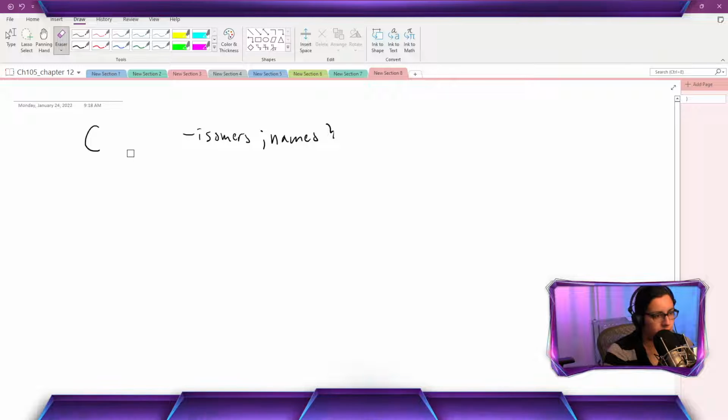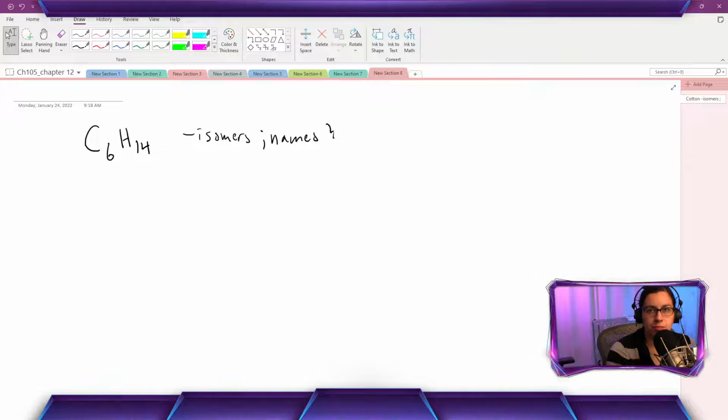Let's try hexane. So C6H14. So for these, how are you approaching them?